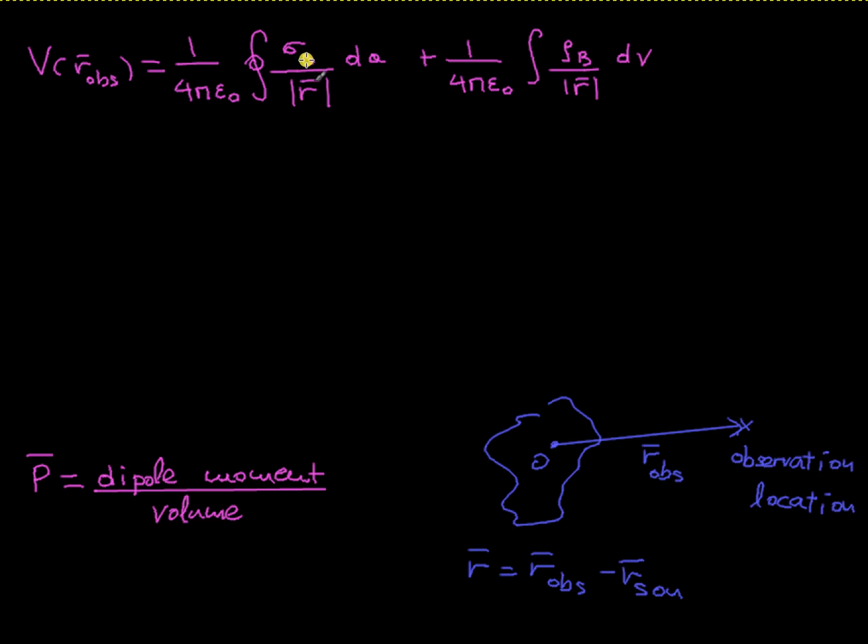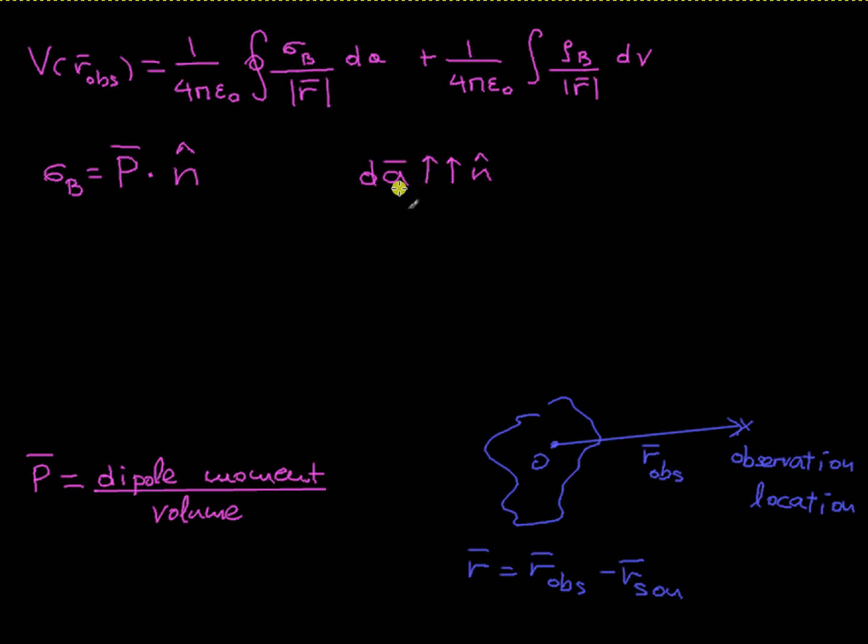Now, this surface charge density can be found from polarization. This surface charge density is defined as polarization dot product with the vector that is perpendicular to your area at that point.